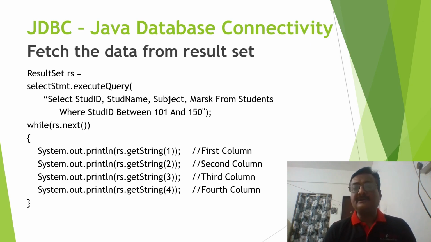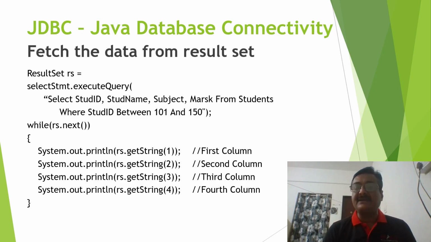All the columns we require to retrieve from the table, like student ID, student name, subjects, and marks, I have fetched for a specific range of students. Here I am accessing multiple rows, more than one record, of the student table. Once more than one record is stored in the result set, I want to process the result set one record at a time.